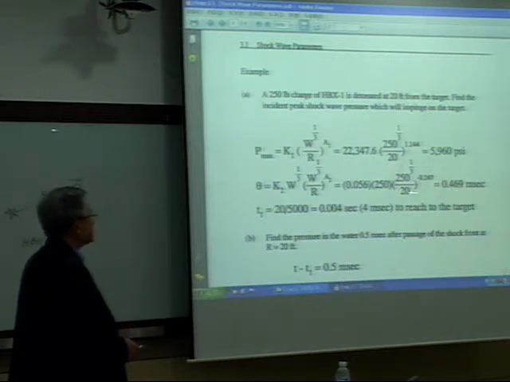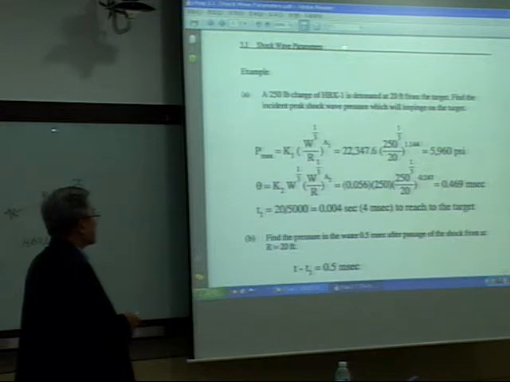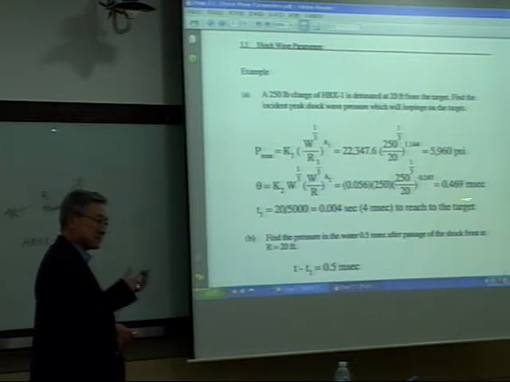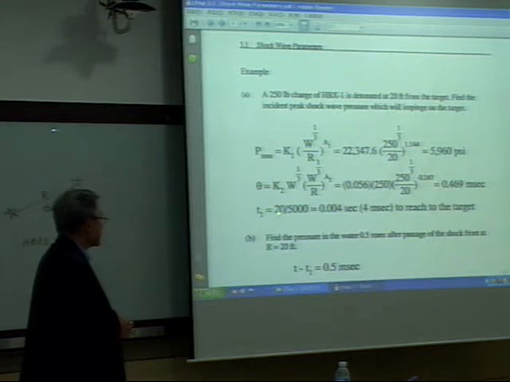Theta is usually in the order of a fraction of a millisecond, okay? Otherwise, the exponential curve is going to be weird, okay? T1, what's a T1? Time the shock wave arrived at the target.